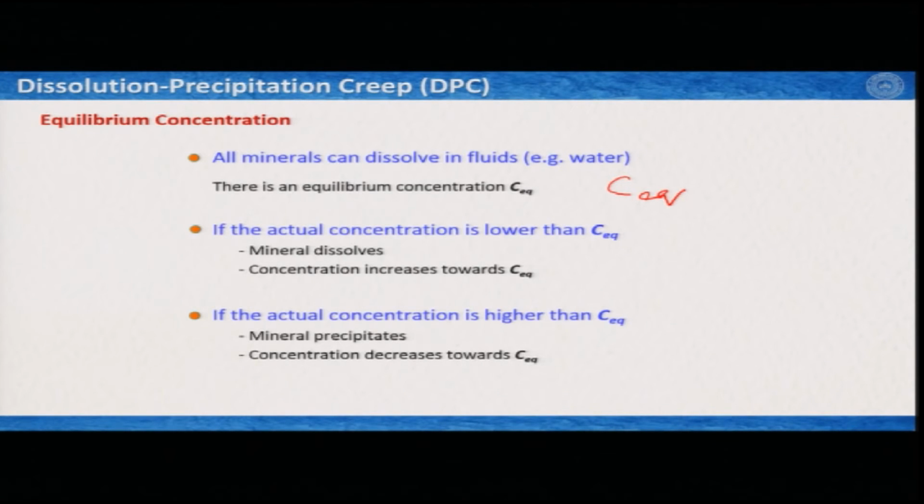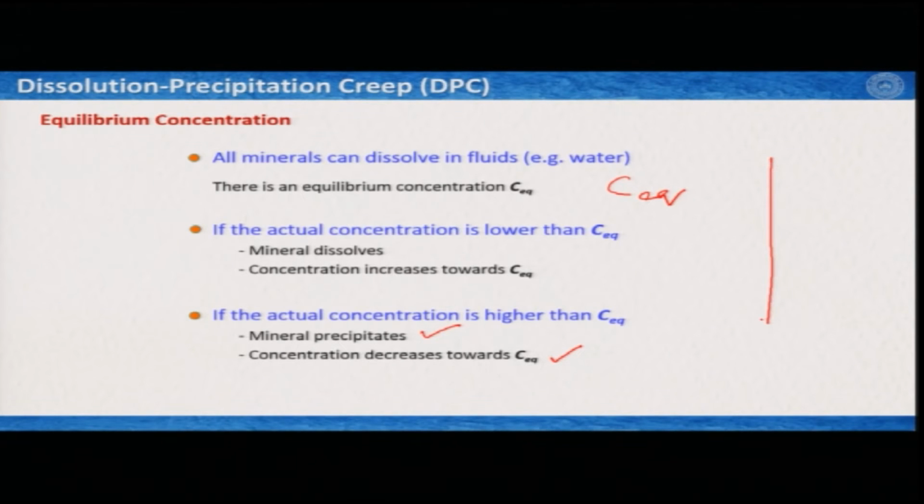This is very simple, because if you are adding more material to the solution, it would slowly try to saturate and achieve the equilibrium concentration. Otherwise, if the actual concentration is higher than the equilibrium concentration, then the minerals would precipitate and the concentration would decrease towards the equilibrium concentration.